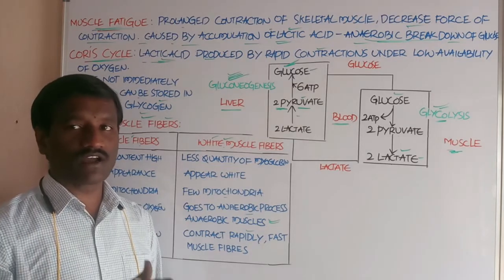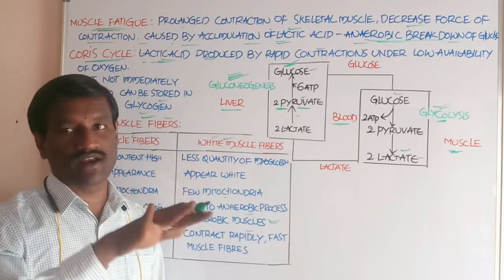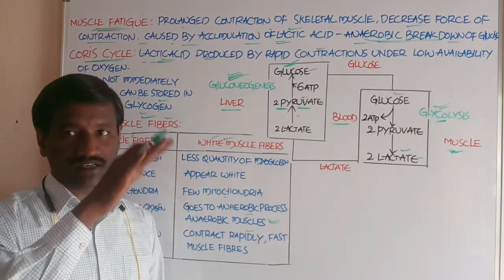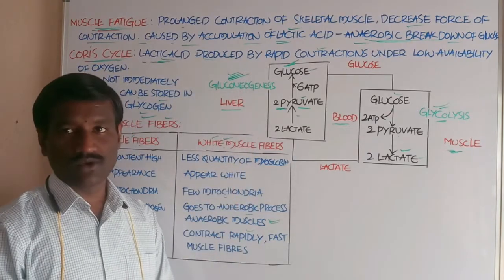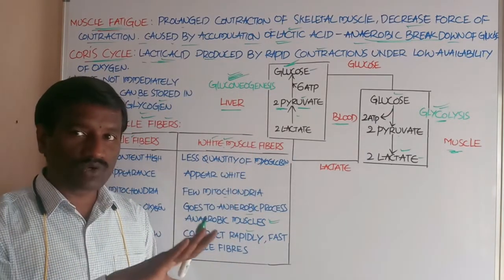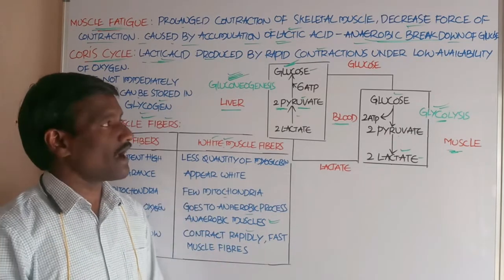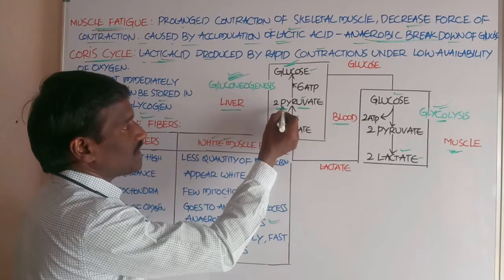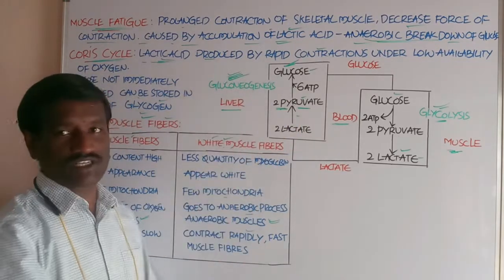Formation of glucose from substances other than carbohydrates is called gluconeogenesis. Breakdown of glucose is called glycolysis, and formation of glucose from pyruvate is called gluconeogenesis.